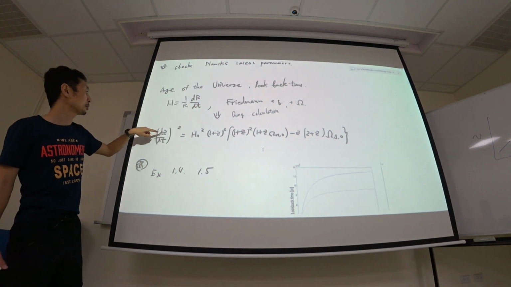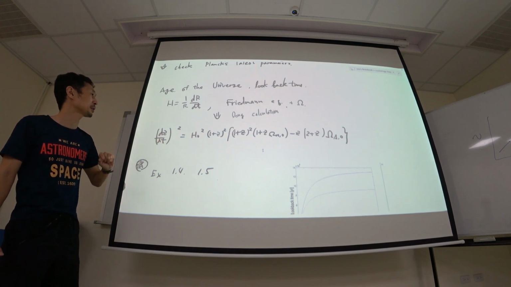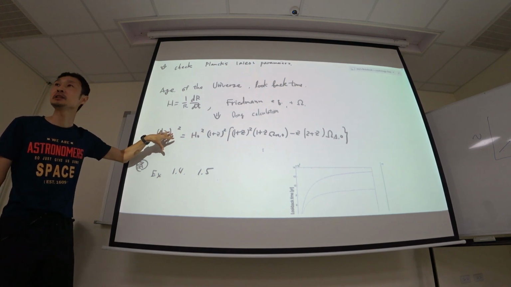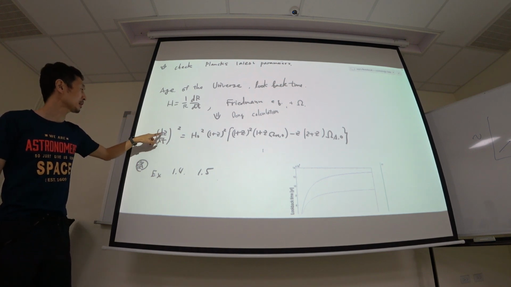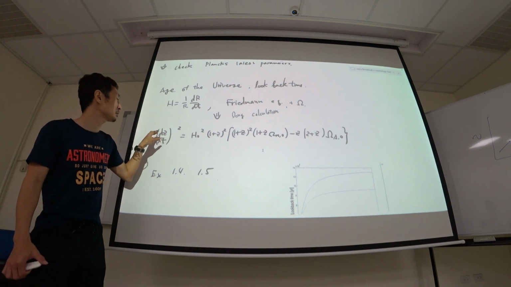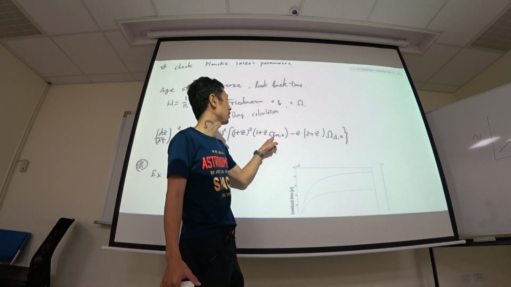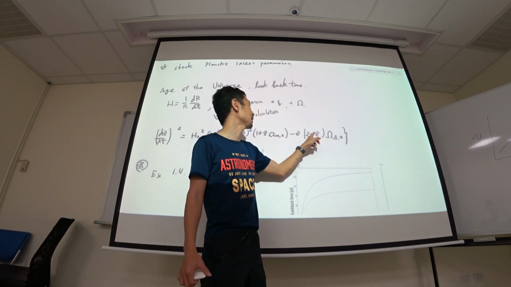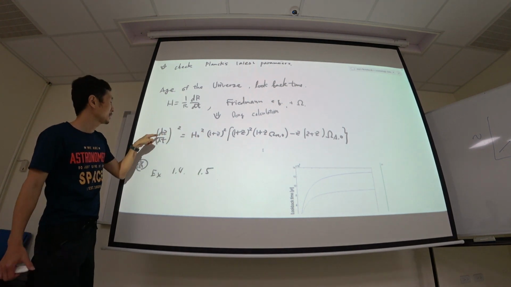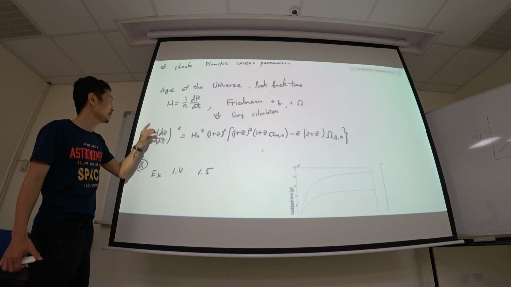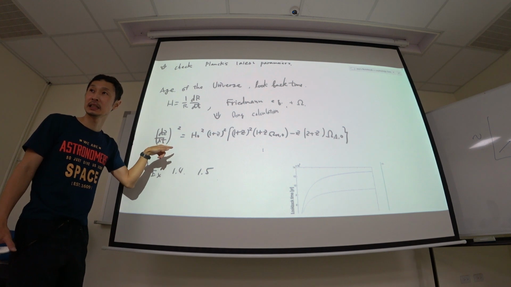What you want is to describe dz as a function of time. This is redshift as a function of time. So basically this is still the Friedmann equation, and now you express this parameter with z and the cosmological parameters: omega matter, omega lambda, and z. So this is delta z over delta t. If you want the time, you integrate this over z.